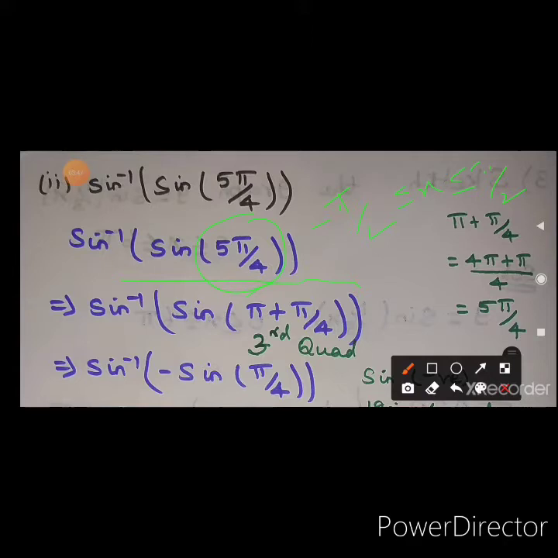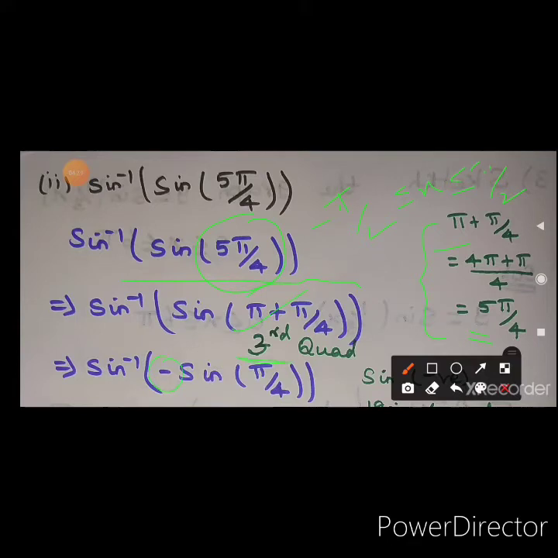Sine inverse of sine of pi plus pi by 4. Taking the LCM, 4 pi plus pi by 4 is 5 pi by 4, which is pi plus pi by 4. Pi plus pi by 4 is in the third quadrant, and in the third quadrant sine is negative.